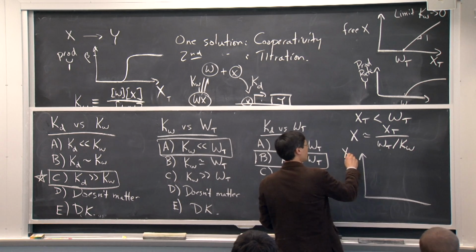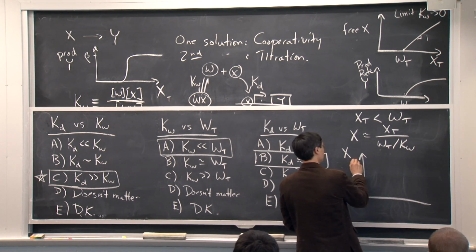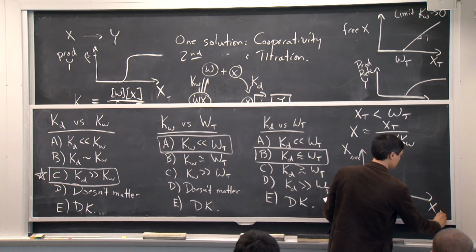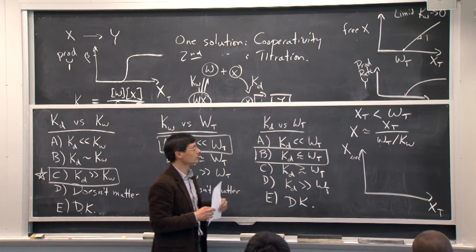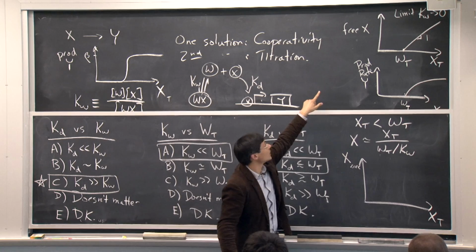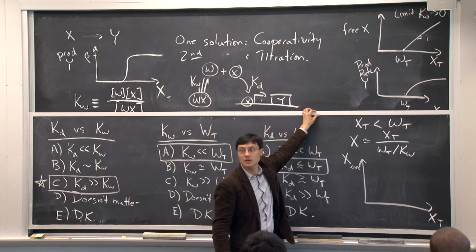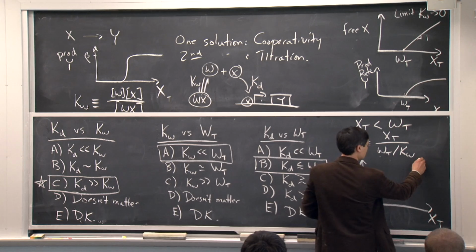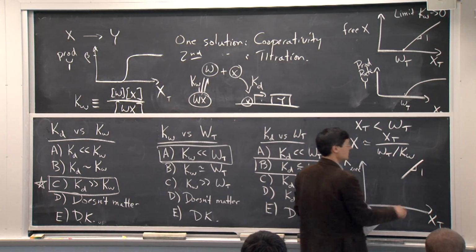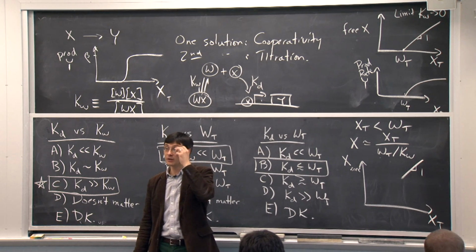So if you plot free X as a function of X total in this regime, for large XT, what is it going to end up looking like? It's a straight line, and eventually it's going to be a straight line with slope 1, because they're just linearly related to each other.